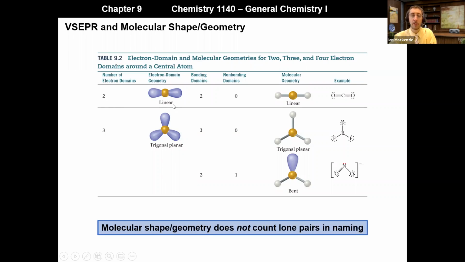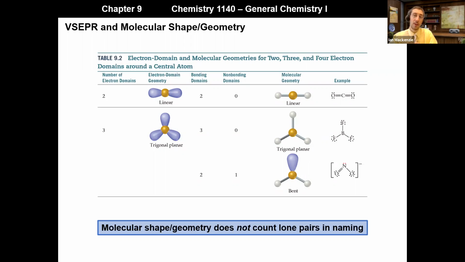Here, the electron domain geometry is trigonal planar, and if all of those are bonds, then the molecular geometry is the same, trigonal planar. And this is always the case. If all of the electron domains are bonds, then the molecular geometry is the same as the electron domain geometry.